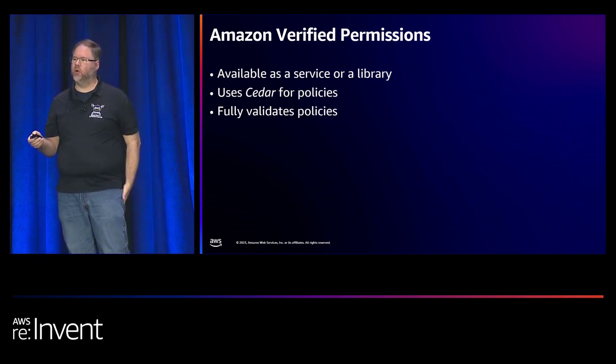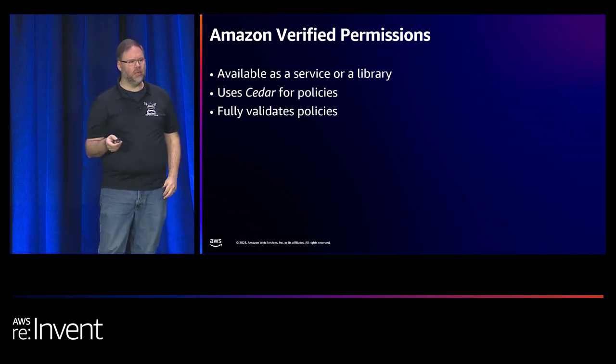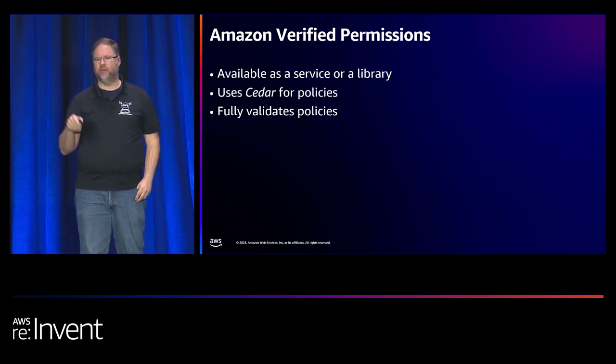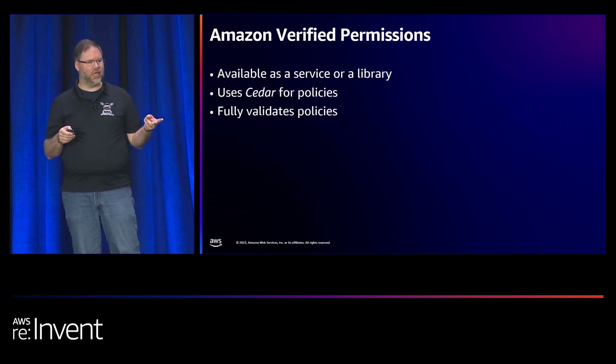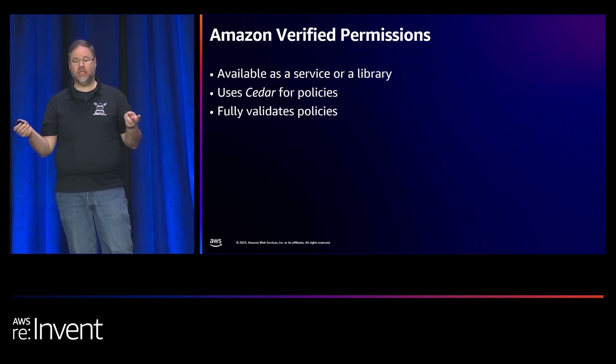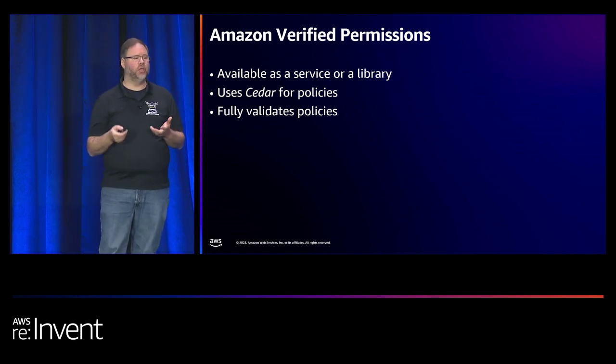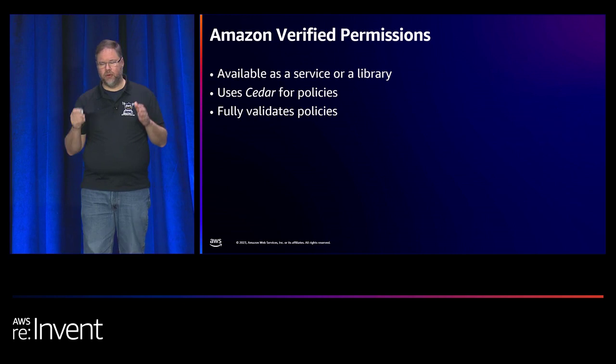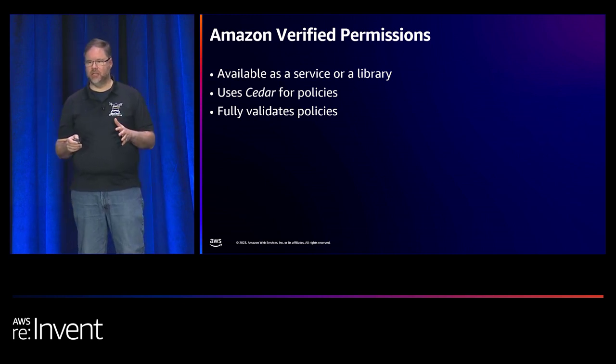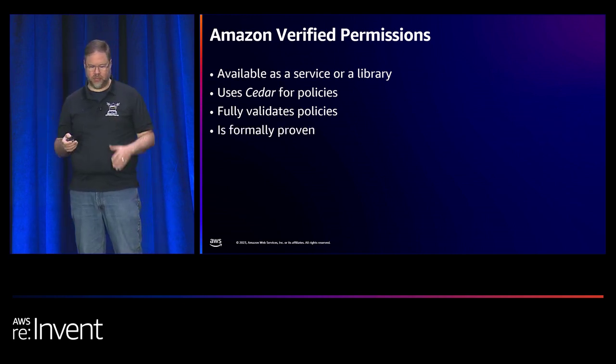It's absolutely work to write this schema. It takes time, but it will pay itself off the first time you submit a policy that is either semantically or syntactically incorrect, and it kicks it out immediately rather than running with that policy in production for who knows how long with inappropriate access control. And so the fully validated policies in Amazon Verified Permissions are awesome.